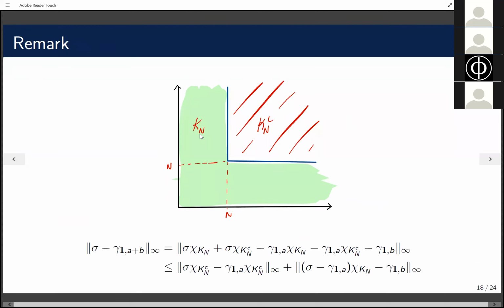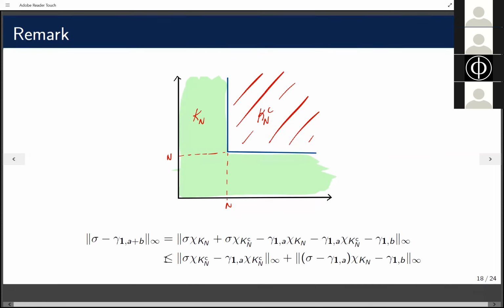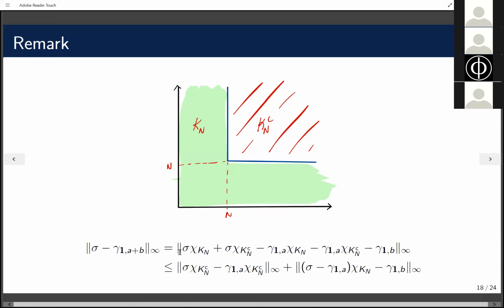And so now, if you look at the subnorm of sigma minus gamma 1 a plus b, we can write sigma as sigma restricted to Kn plus sigma restricted to Kn complement. And when you have a sum of symbols, the eigenvalue sequence of the sum of symbols is the sum of the eigenvalue sequences of the symbols separately.